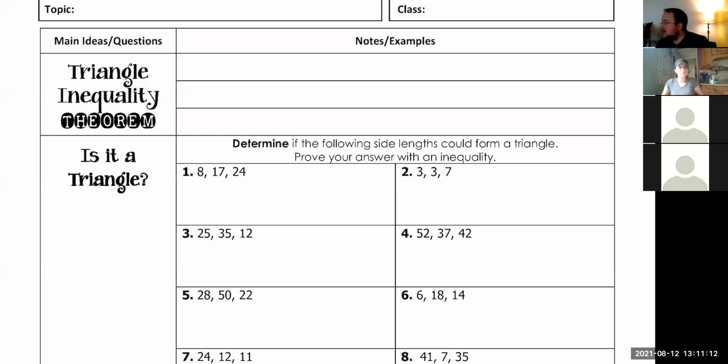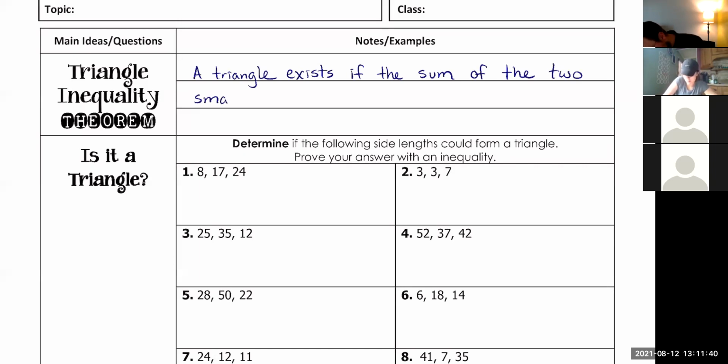So first, I'm going to give you the boring language, and then I'm going to show you what it allows us to do. So the triangle inequality theorem states that a triangle exists if the sum of the two smaller sides is larger than the third side.